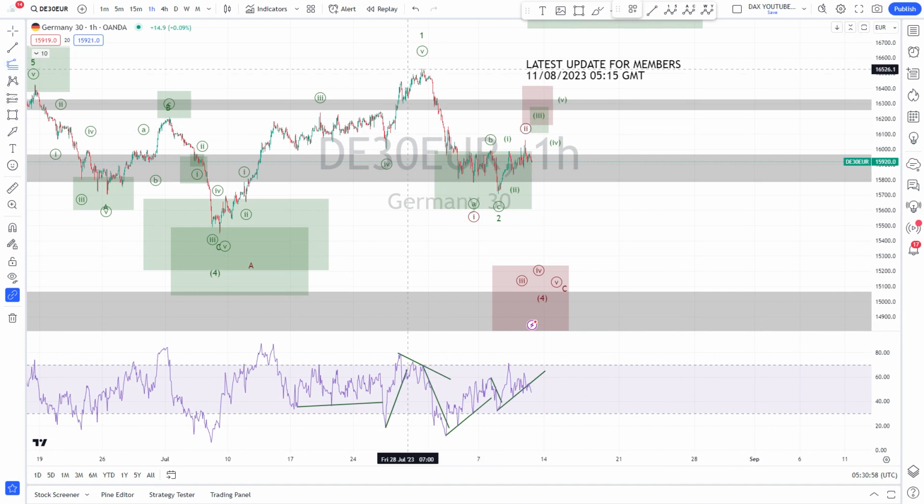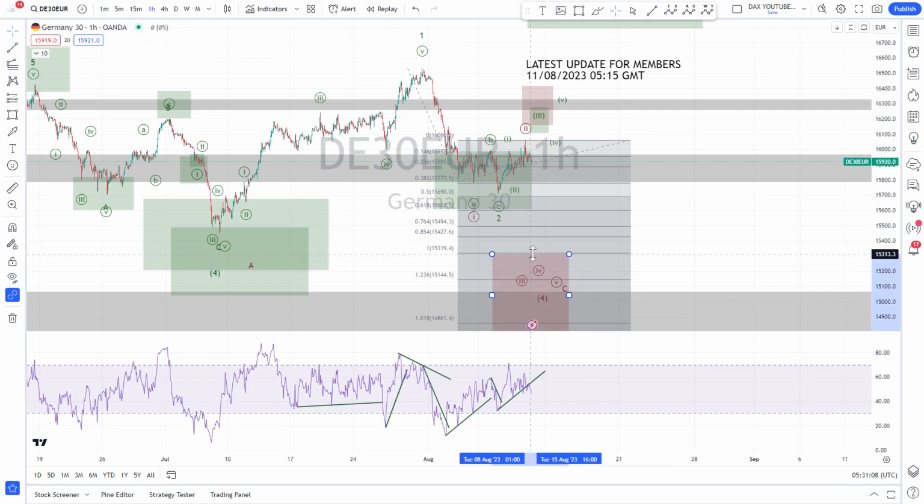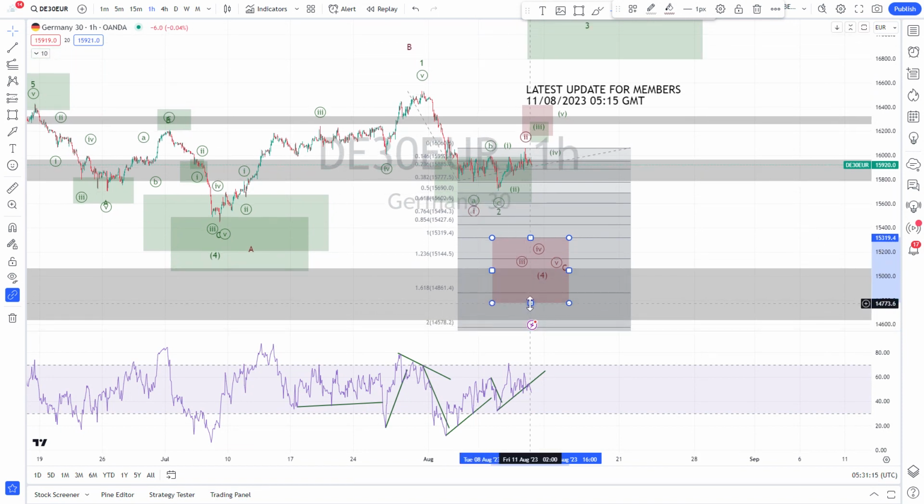So yesterday I already gave you a target area, but of course with this new high, this target area has changed now. So the next area from where we can expect upward pressure is from this area here between the 1 and the 1.618 FIB extension.